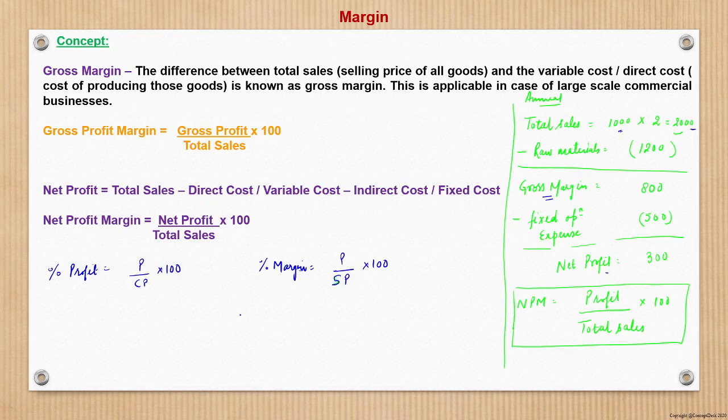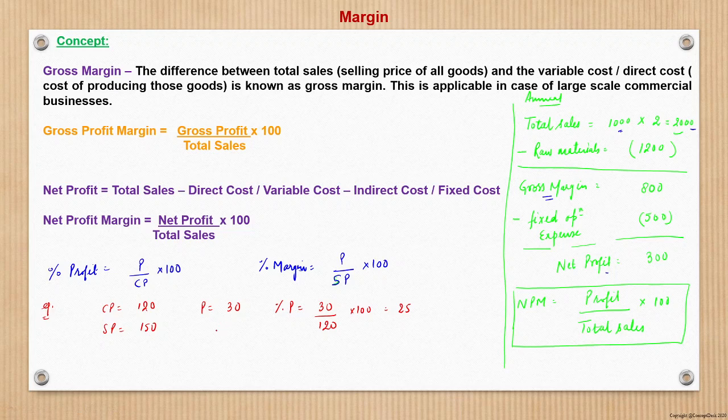With this background, let me take one example. Suppose CP is say 120 rupees, and SP is say 150 rupees. So here we can very much say that profit is nothing but 30 rupees. Percentage profit will be 30 upon CP 120 into 100, which is 25.